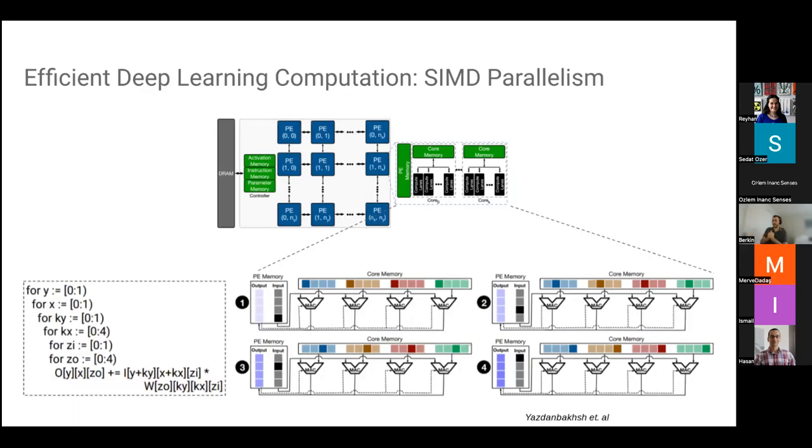So, for example, you may have a tensor where the innermost dimension is large enough that it can be processed in parallel by multiple multiply accumulate units, right? So another very important aspect is to have good shapes that can utilize these wide vector engines, so that we can have good utilization and efficiency. This is another key concept.